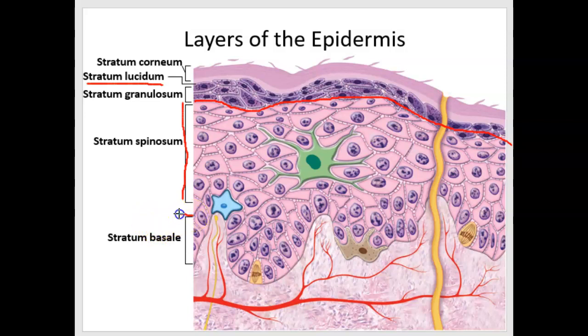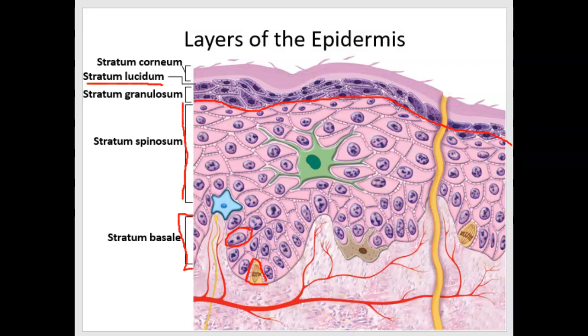Then the deepest layer is the stratum basale, and the stratum basale has very young keratinocytes. There are also stem cells present, and this yellow one is supposed to show you a stem cell that's dividing.